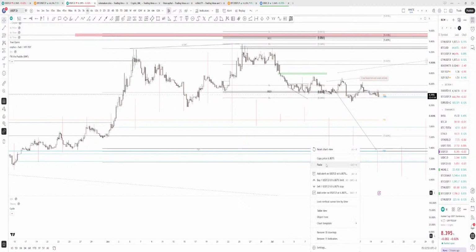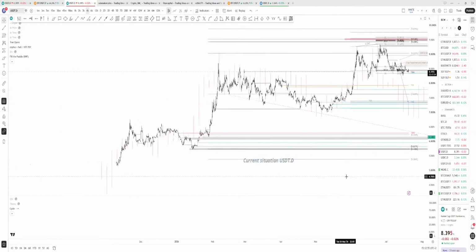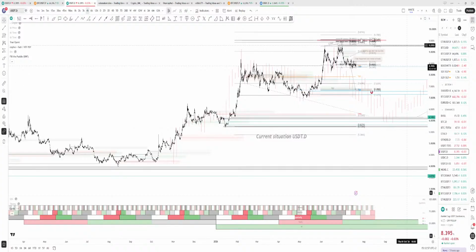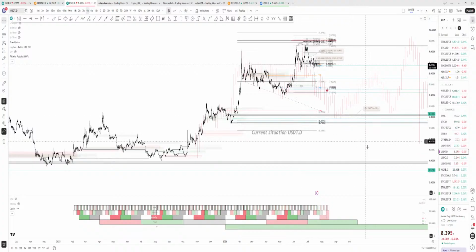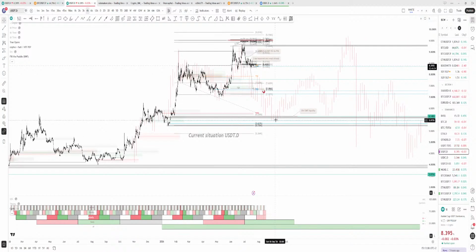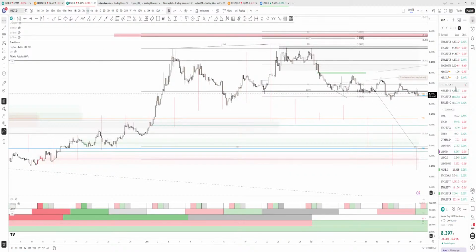So that's a minimum target for me for now, and then I would expect either lower prices or another trap into this. And you can see around the 3rd of September, or August, we should get a bull trap and push up again. And the next cycle should start around January or February in the next year.